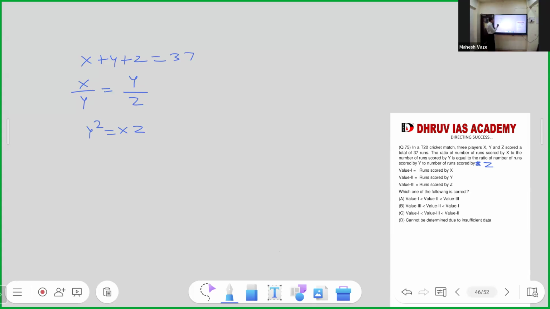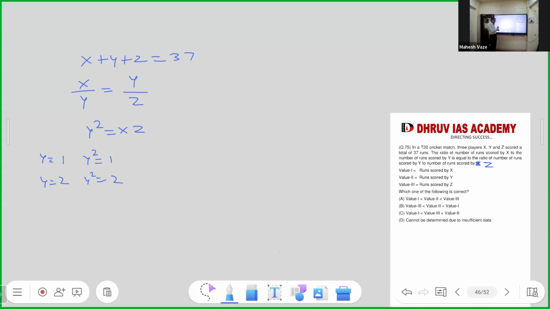You see what's happening. Suppose Y is equal to 1, then Y square will be 1. But then XZ would have the product 1, so they should also be 1 and 1. But then in that case, X plus Y plus Z cannot be 37. Next, any other value of Y, for example Y equal to 2. Y square will be 4, but again it can be 1 and 4 or 2 and 2, etc. So it cannot be 37.